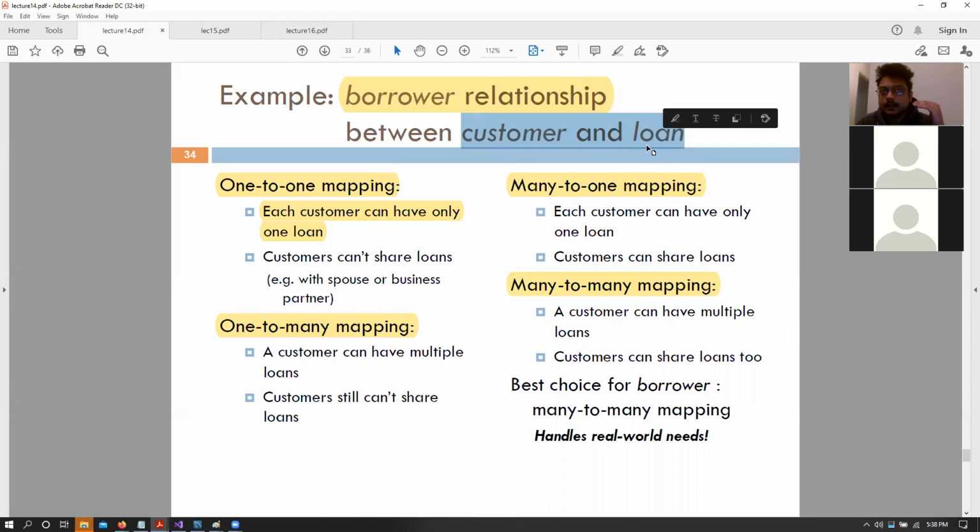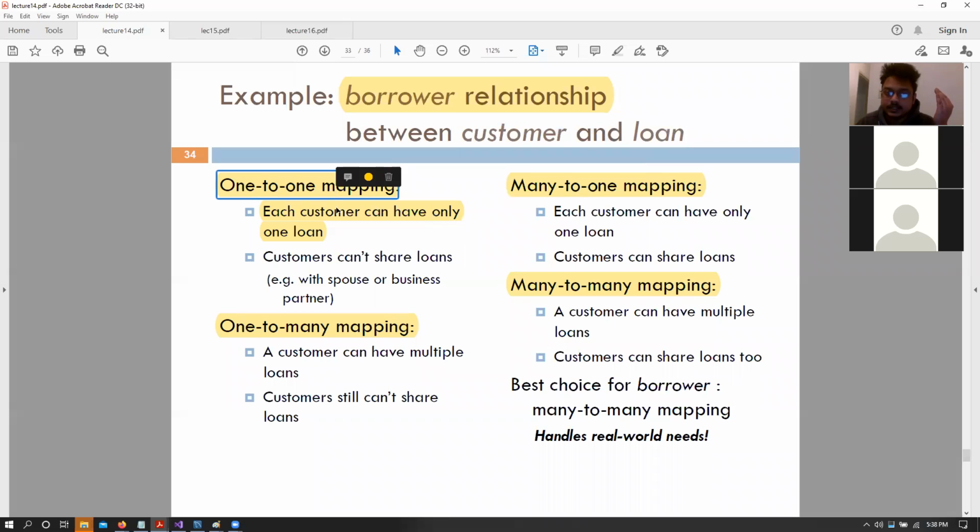It matters depending upon the domain expert and what they actually want. Depending upon their requirements, we would design this particular database based on those requirements, and we would have those mappings accordingly, right? Okay. So any questions about these mapping cardinalities, that is one to one, one to many, many to one, or many to many?